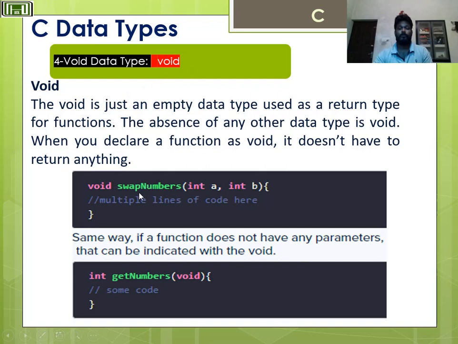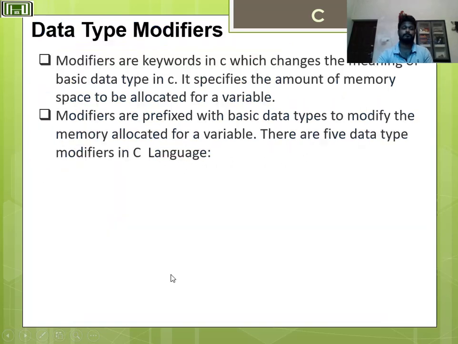Syntax: void swap numbers int a, int b. In the same way, if a function does not have any parameters, that can be indicated with void: int get numbers void. This is also one way to declare with void. It cannot return anything.